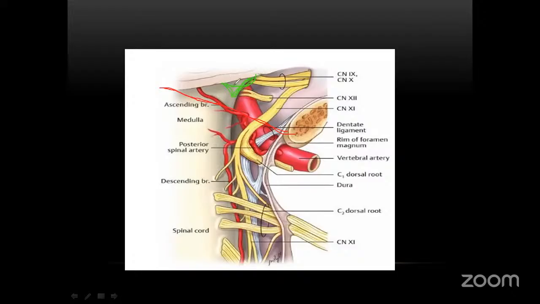We have to resect the medial part of it, which is called partial resection, because it gives some anatomical hurdles when we are going inside.